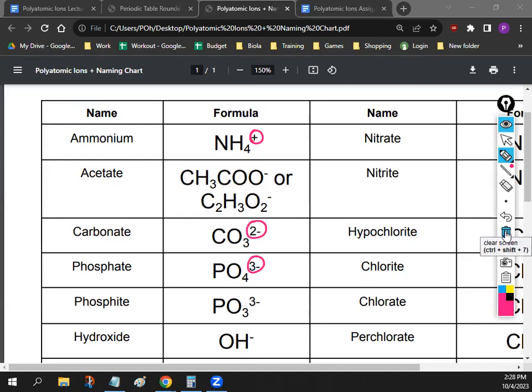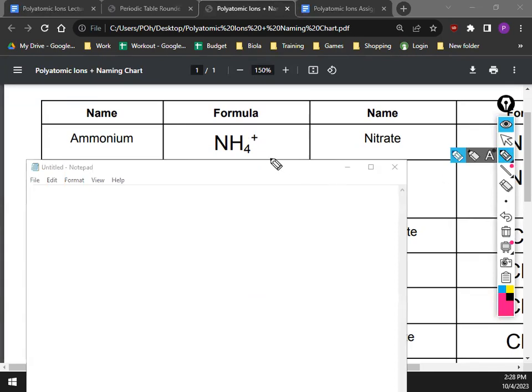Now, I do want to clarify a couple things before we move on, because people get really confused since there are multiple numbers that we're working with now. If we take a look at NH4, this 4 down here has nothing to do with the positive charge. It does not mean that this compound is +4. This compound is +1. We only look at the number up here on the top right.